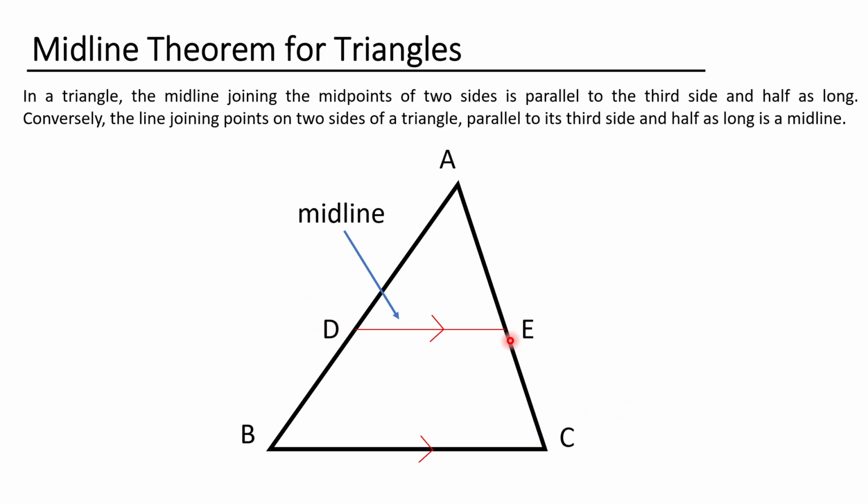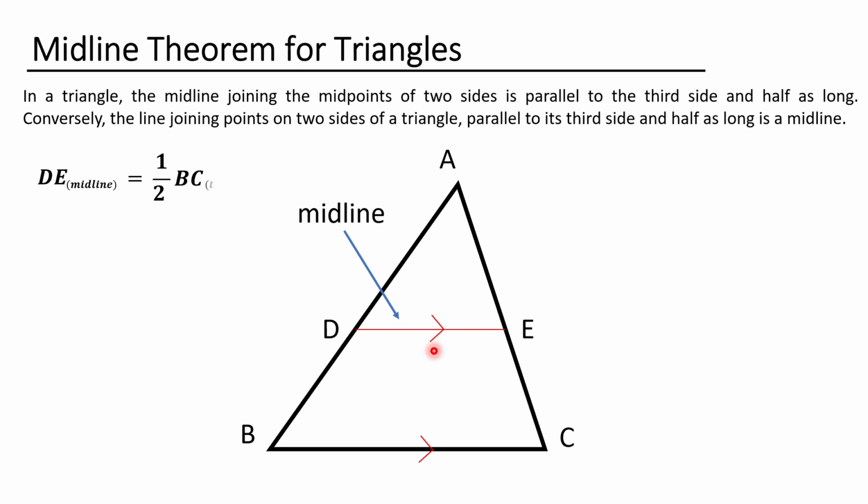And also, pag midline yan, sabi niya, parallel to the third side and half as long as the midline. Meaning, if we have DE line, yung DE line natin is, ito yung midline natin, right? That is equal to 1/2 of the BC.